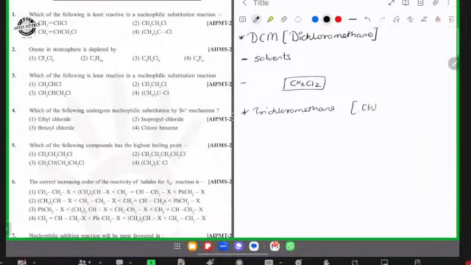which is chloroform. I know everyone knows about chloroform, right? The structure is CHCl3. Yes, it is used to make people unconscious. But it's not quite like that.